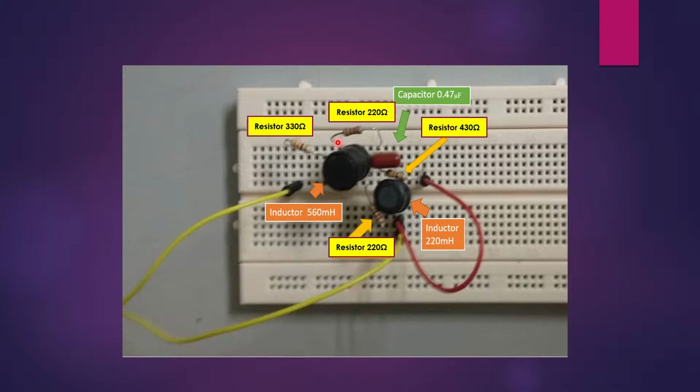And then it is also parallel to a resistor 220 ohm and then connected to the capacitor 0.47 microfarad and the 220 millihenry inductor, and finally parallel to a resistor 430 ohms, and the resistor is connected with a wire to the ground, to the other part of the source.